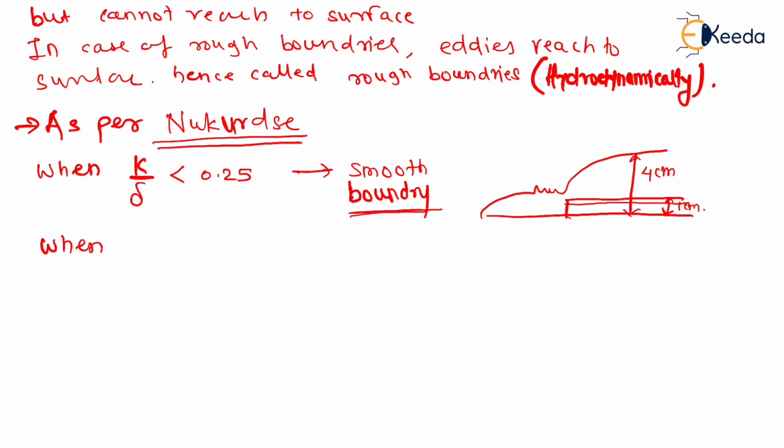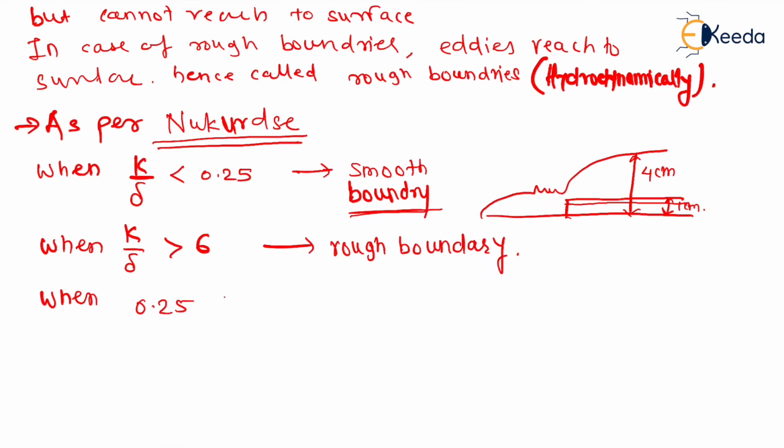When the k upon del value is greater than 6, it will be called a rough boundary. And when it ranges between these two values, that is 0.25 to 6, then it is called a transition boundary.